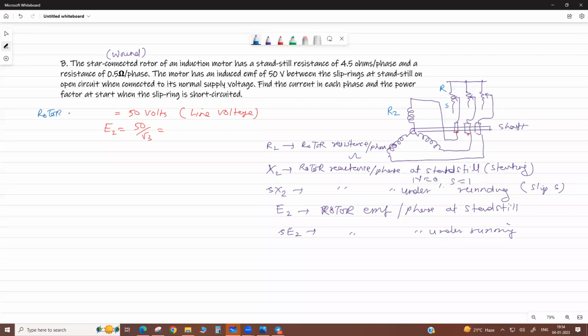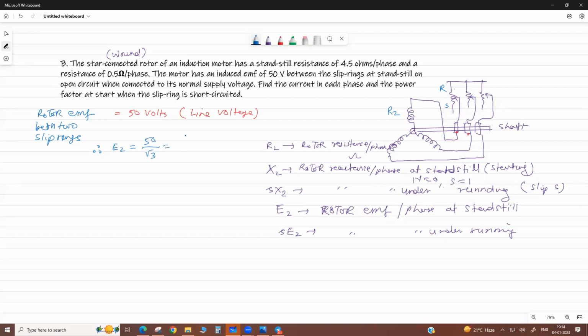Rotor EMF between two slip rings. This is the E2. Here it is 50 volt. Therefore, we can calculate E2 equals per phase 50 by root 3.